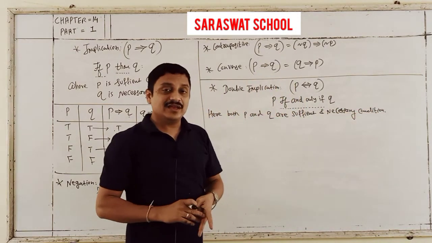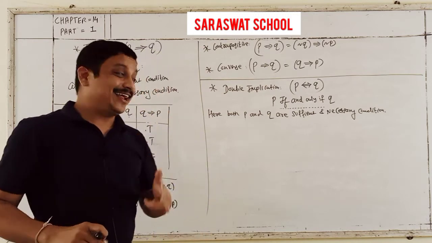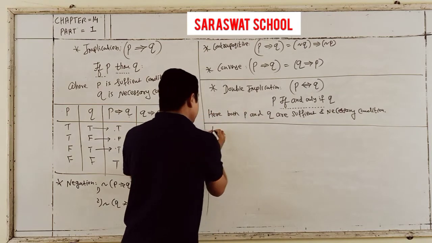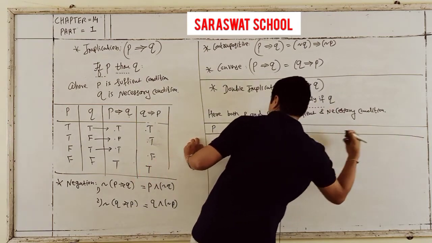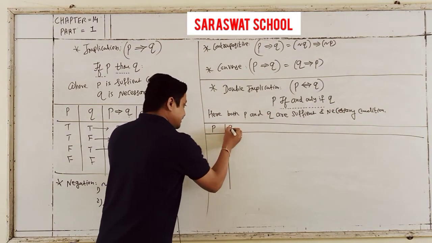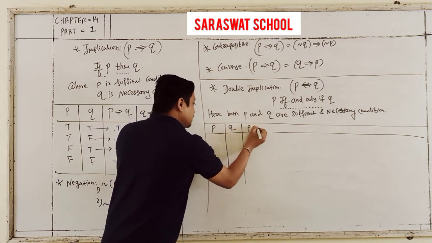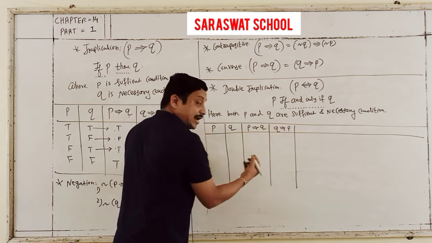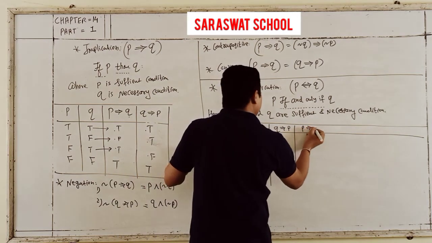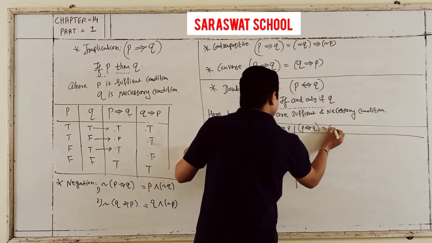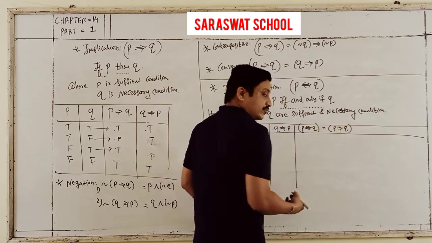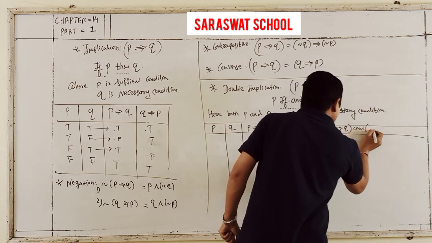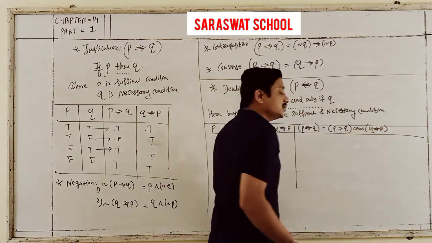For both ways, if a double implication is given, at last I draw the table with P and Q, systematically: P implies Q, Q implies P, and lastly P double implication Q. It means P implies Q and Q implies P, which means conjunction, students.